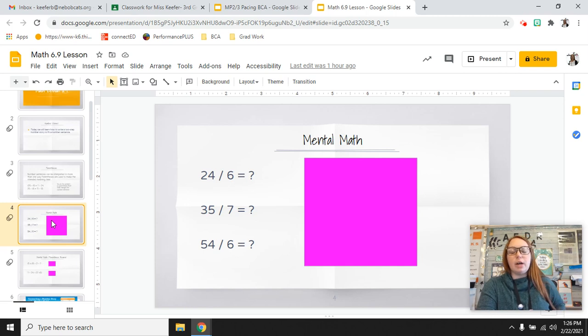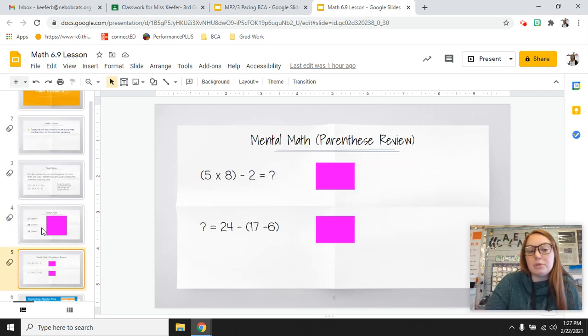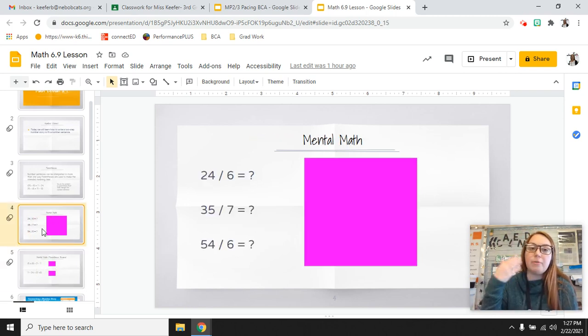All right, so for our mental math to start, we're just going to do some division and multiplication problems, and then we are going to do some parenthesis problems. So I want you to follow along and do them on your whiteboard. For this one, I gave you 3 division problems. I want you to give me the multiplication problem that you could use to solve this. So for example, 24 divided by 6.